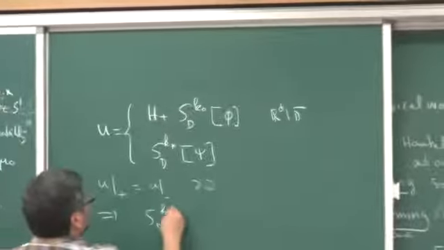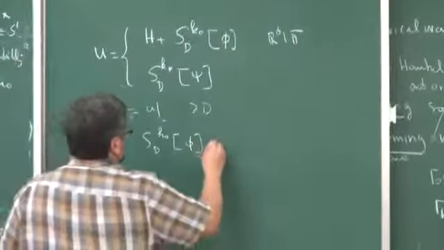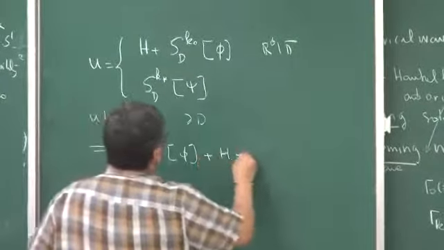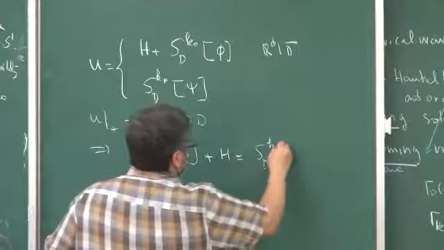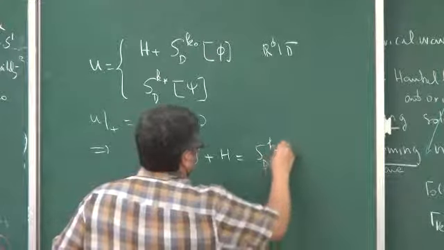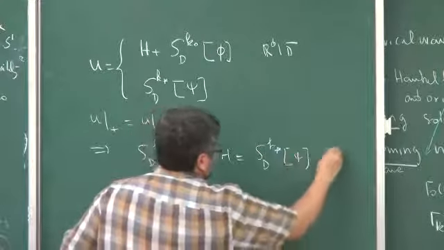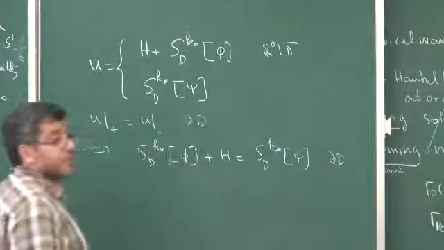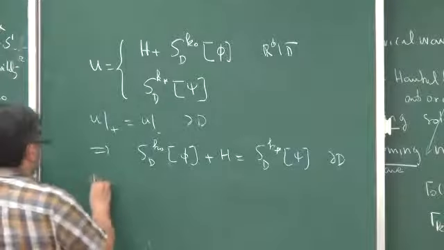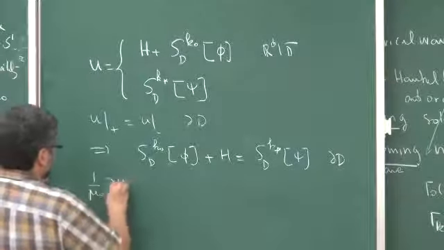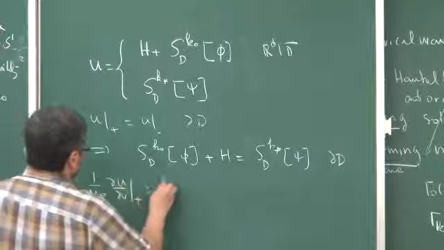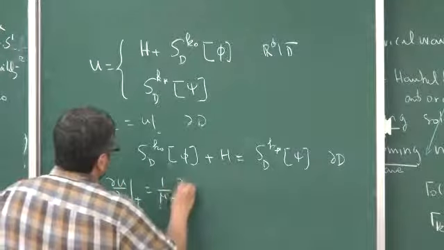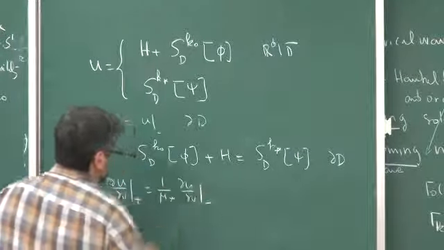This gives the single layer potential S_D^{k0} of phi plus h equal to the single layer potential S_D^{k star} of psi on the boundary of D. This is one equation. The second equation is 1 over mu 0 times the normal derivative plus equal to 1 over mu star times the normal derivative minus.